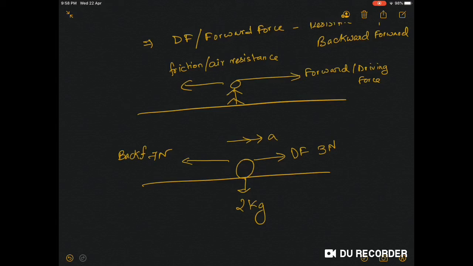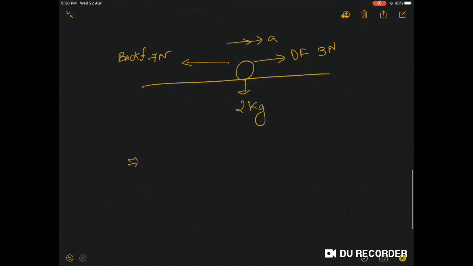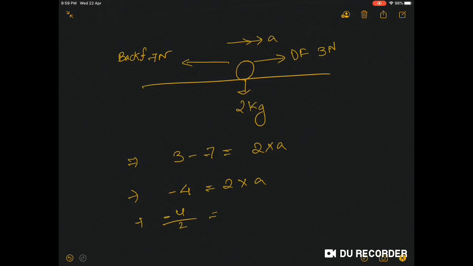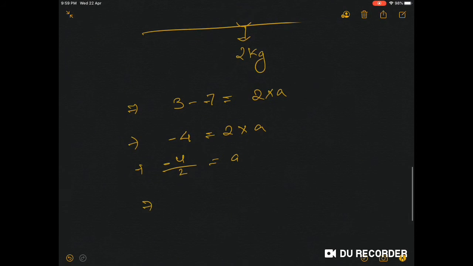According to the formula, I can write driving force 3 minus 7 equals mass into acceleration. 3 minus 7 is minus 4, equals 2 into A, so minus 4 by 2 equals A, which is minus 2. This negative sign means the particle is not accelerating, it's decelerating.